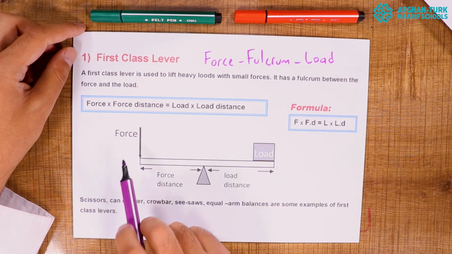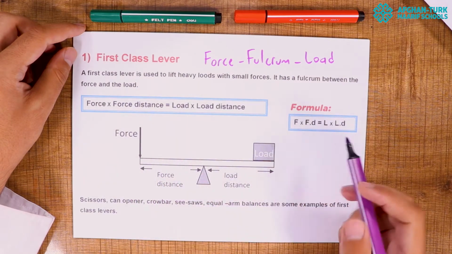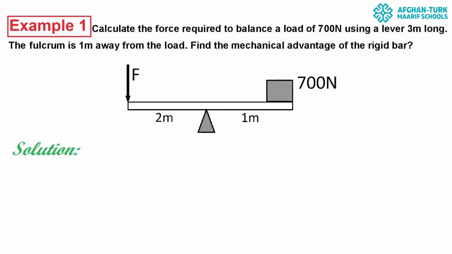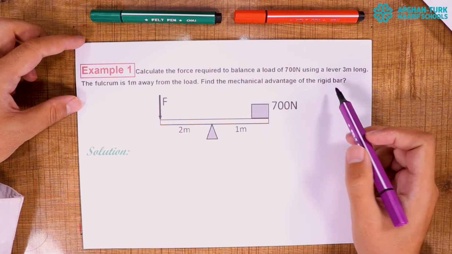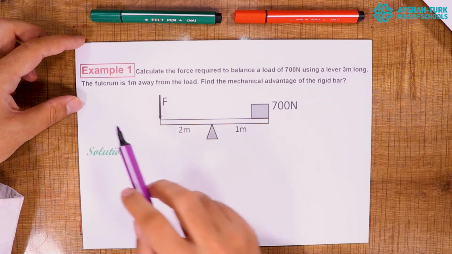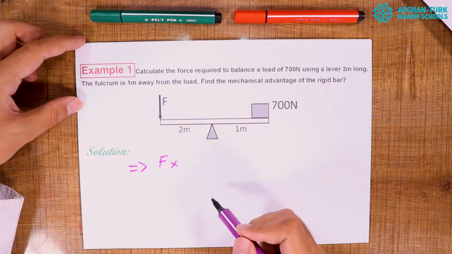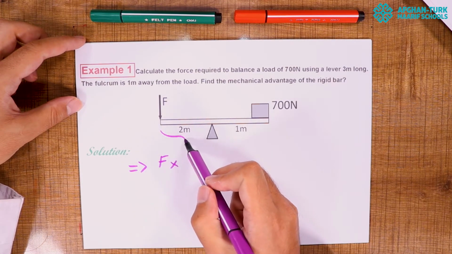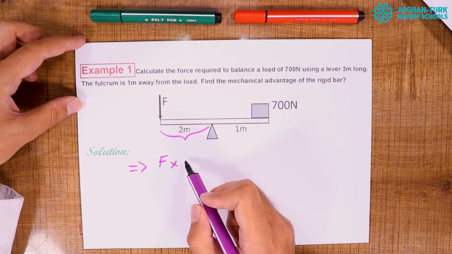I divided levers into 3 parts, so let's examine them in order. First class lever: force, fulcrum, and load. This is the combination of the first class lever. Okay, let's continue with an example. The example says, calculate the force required to balance a load of 700 Newton using a lever 3 meter long. The formula was force times the distance to the fulcrum from the force, so that means 2 meter.